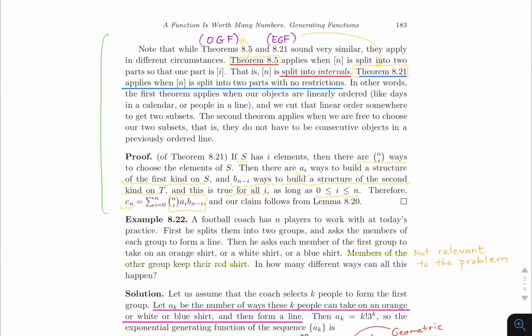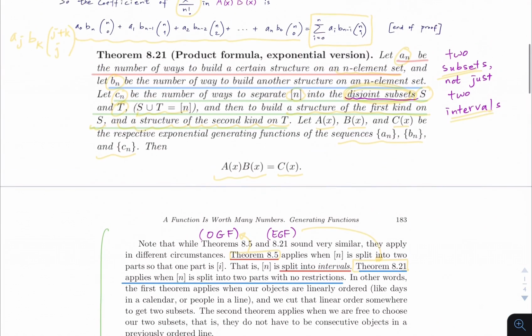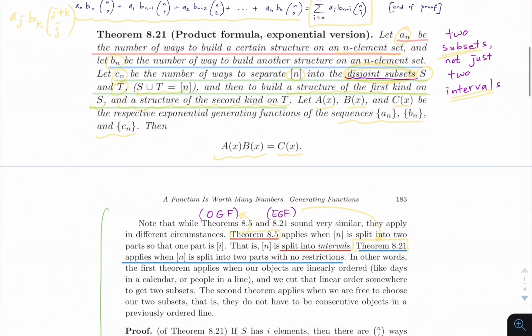Comparing this with the lemma, we get what we need.